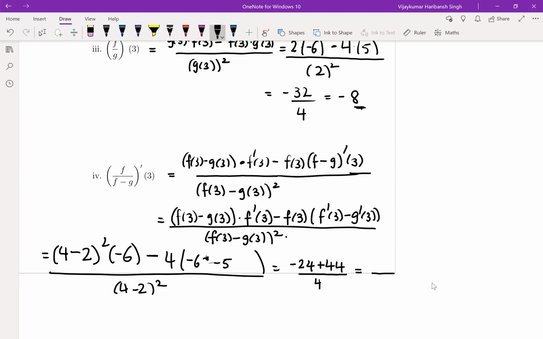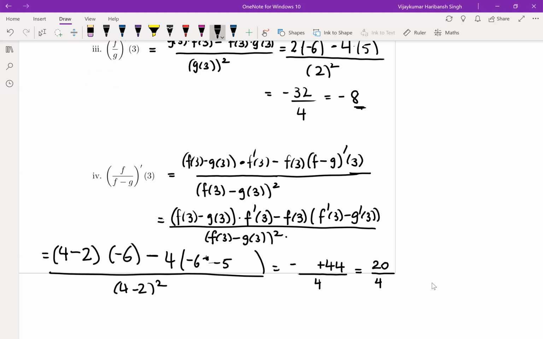Oh yeah, thank you. Numerator is not really squared. So this is going to be 2.